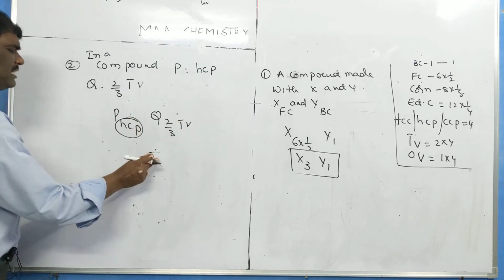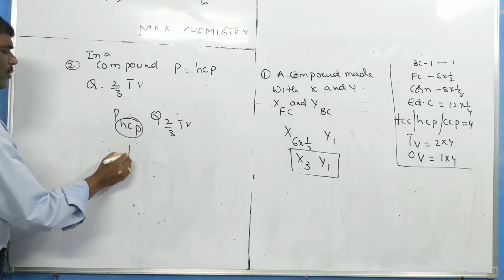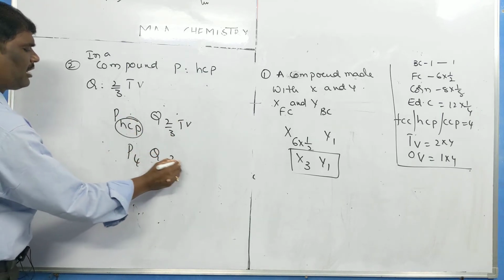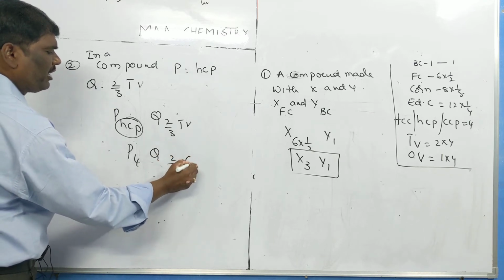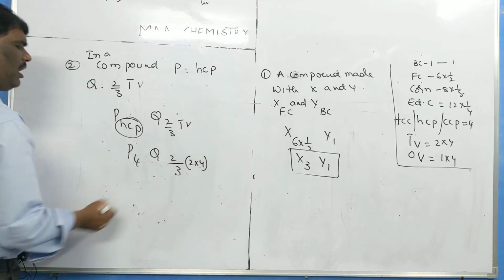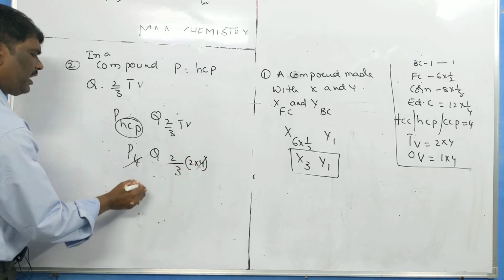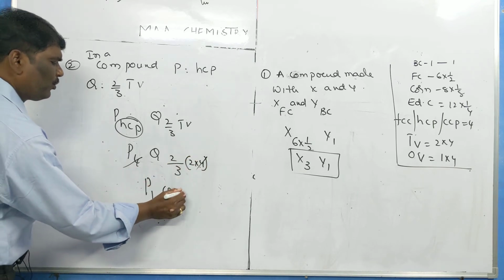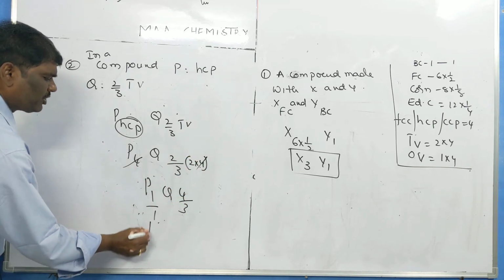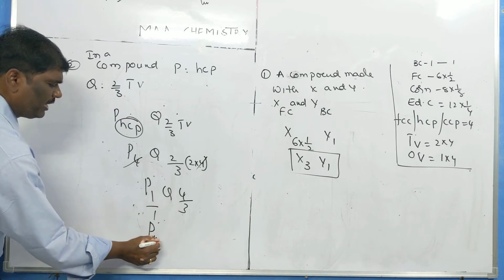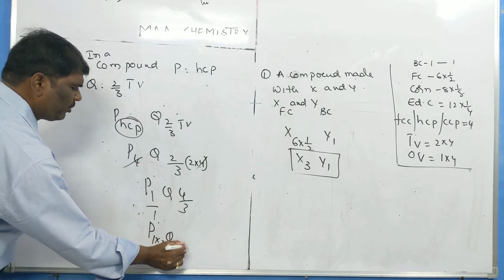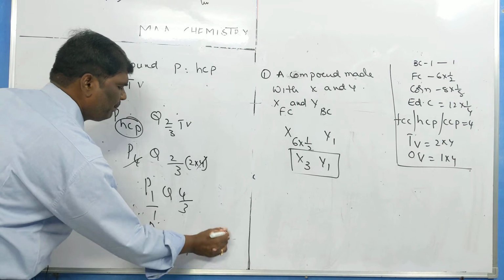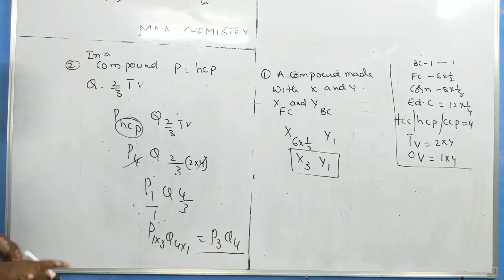I told you for HCP you take 4, and for tetrahedral, 2/3 into, here for tetrahedral we are taking 2 into 4. On simplification what are we getting? P1 Q 4/3. On cross multiplication we get 1 into 3, Q 4 into 1. So the formula is P3Q4.